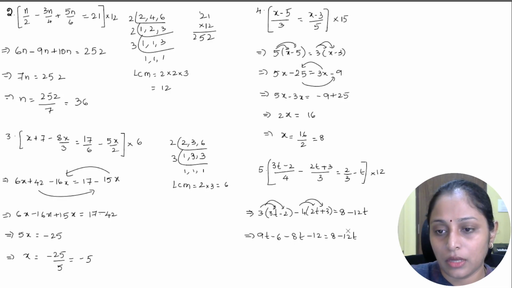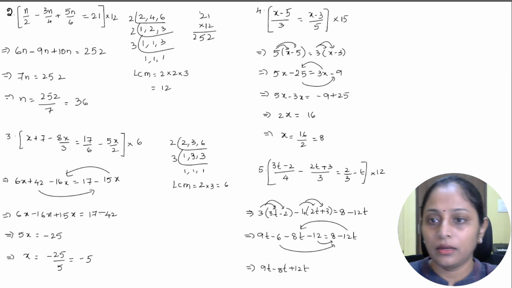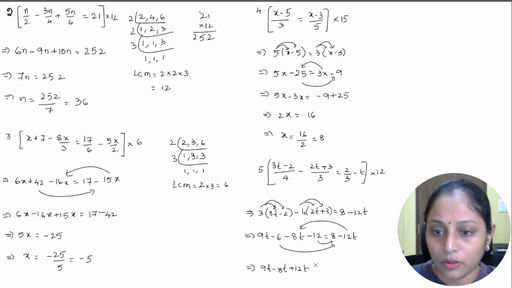So now bring the variable to LHS and constants to RHS. This implies 9t minus 8t plus 12t is equal to 8 plus 6 plus 12, right?